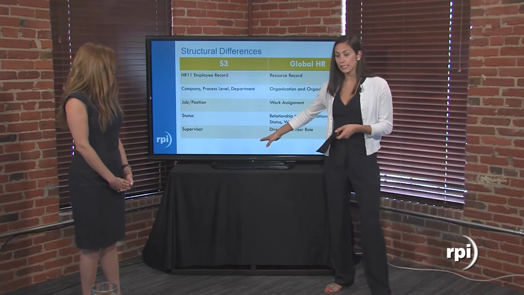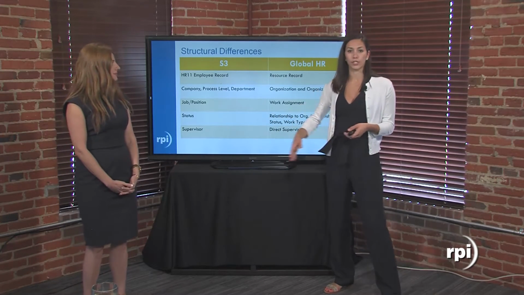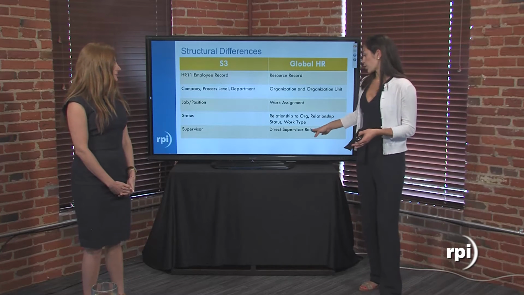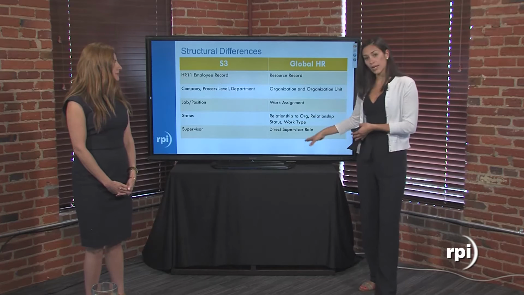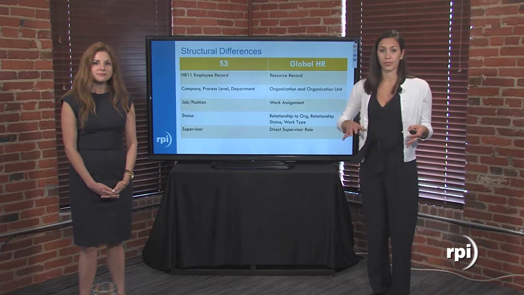Supervisor is a really neat change between S3 and Global HR. In S3, you just had your main supervisor, and then you had your indirect supervisor. In Global HR, the main supervisor becomes the direct supervisor role, and then you also have the opportunity to blow out a lot more supervisors for one employee.